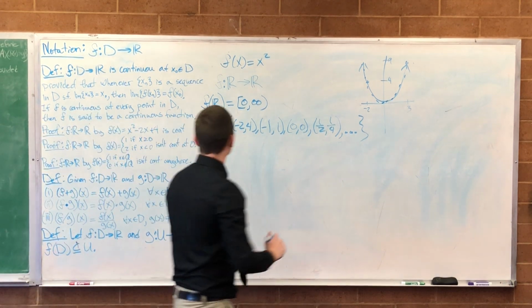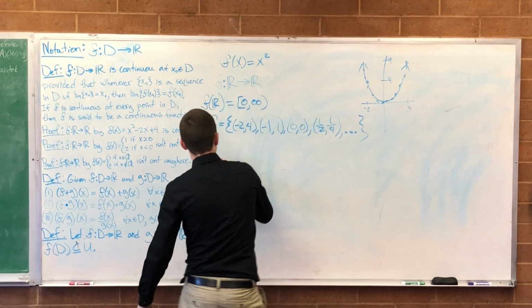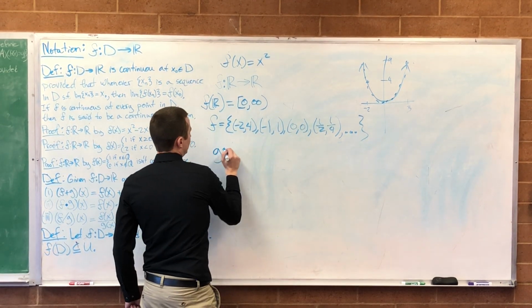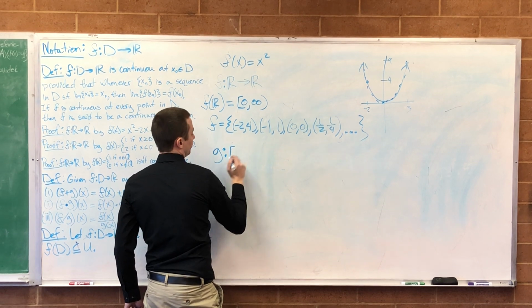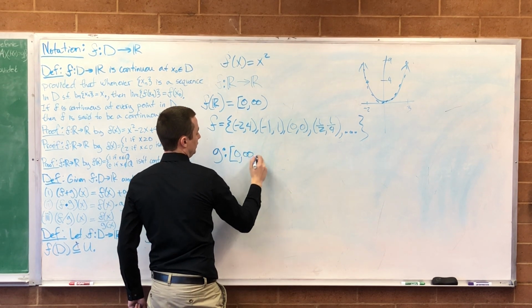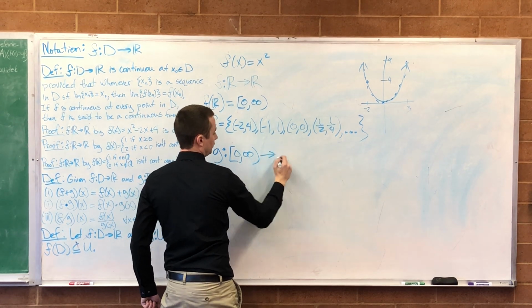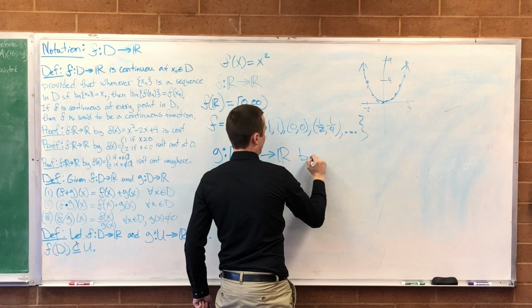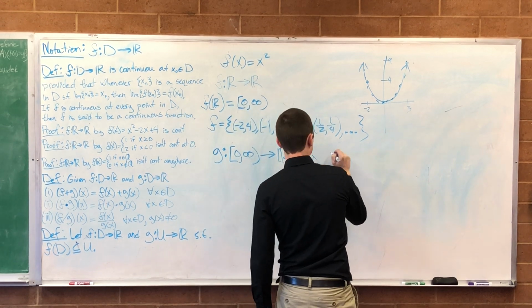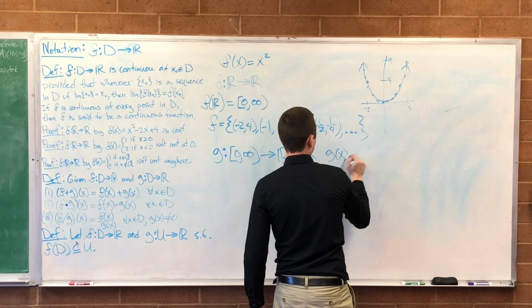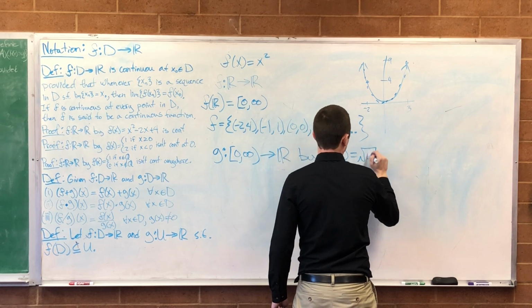So an example here would be, I could have also made a function g, and g is from, not all the real numbers, but just from 0 to infinity, like that, to the real numbers, by, let's see, we'll say g of x is equal to the square root of x, right?